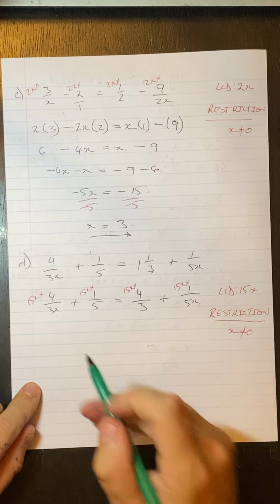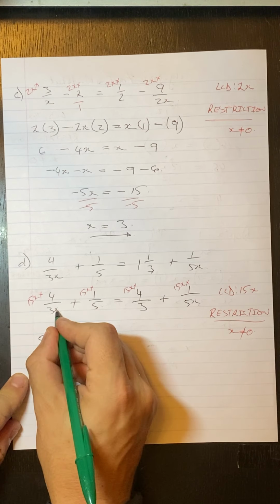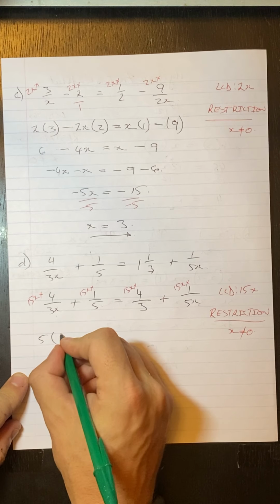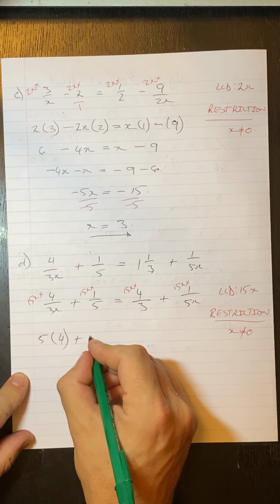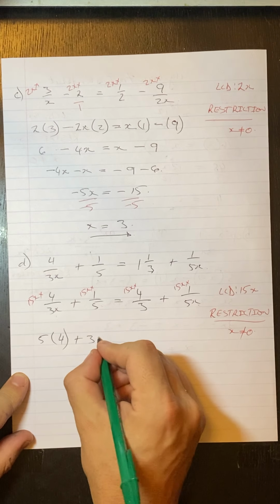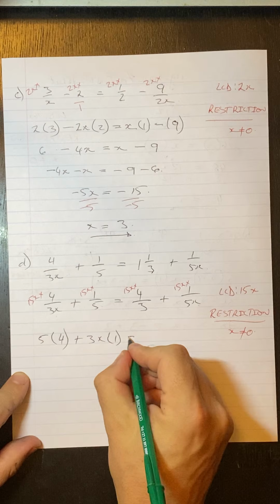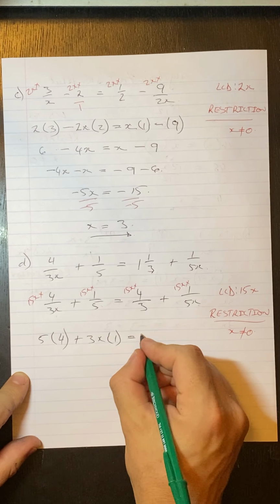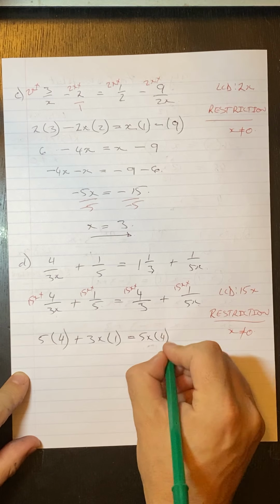Okay, 3 goes into the 15 5 times, and the x's will cancel, and we're left with multiply by the top, plus 5 goes into 15 3 times, we've still got that x there, multiply by the top, equals 3 goes into 15 5 times, we've got that x, multiply by the top.